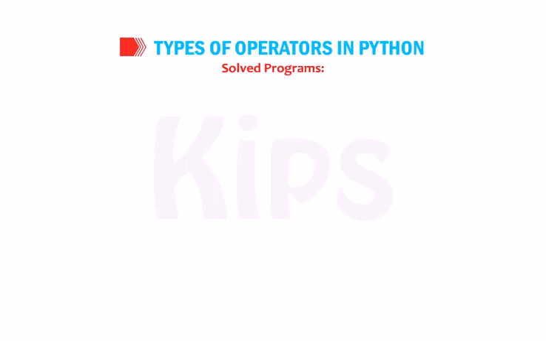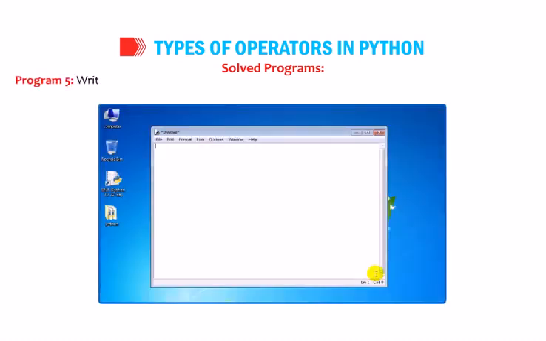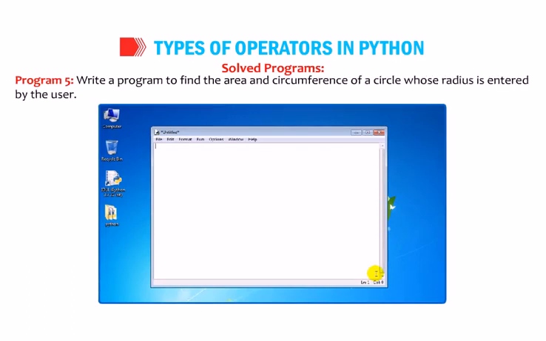Solved programs. Program 5. Write a program to find the area and circumference of a circle whose radius is entered by the user.